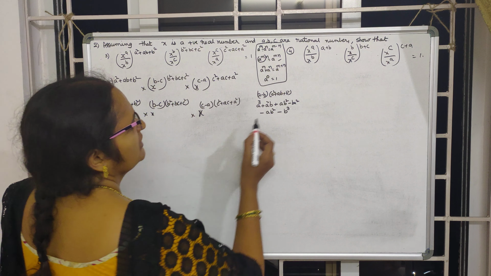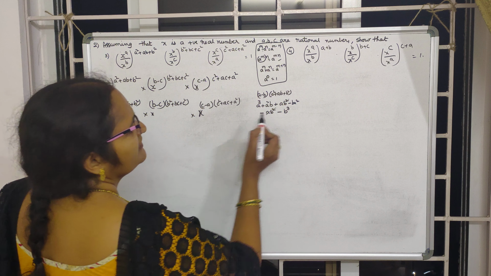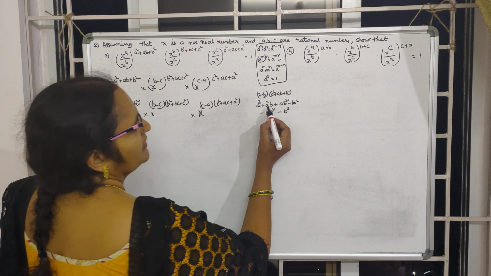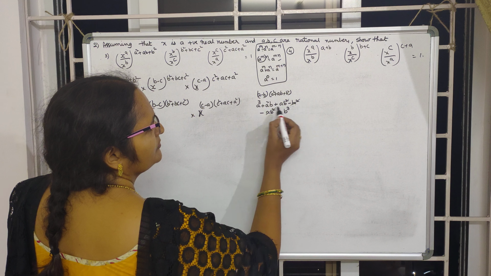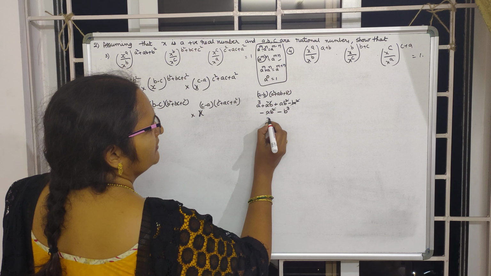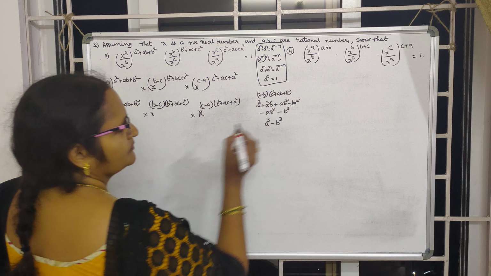Once you observe, plus ab² minus ab² gets cancelled. A²b, this is plus and this is minus, gets cancelled. Left with a³ minus b³.